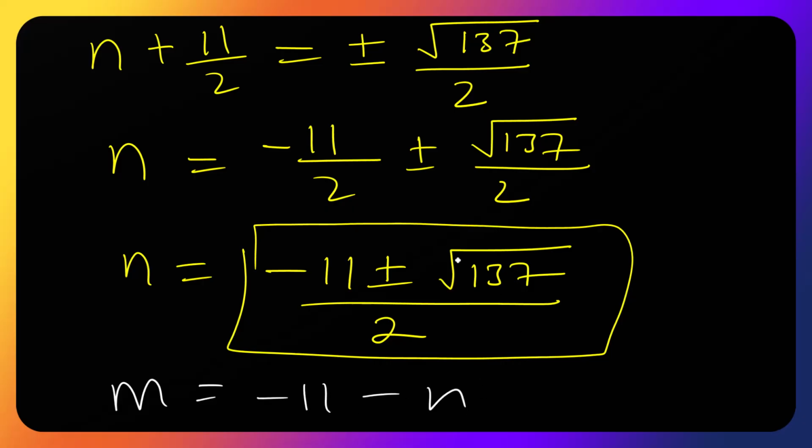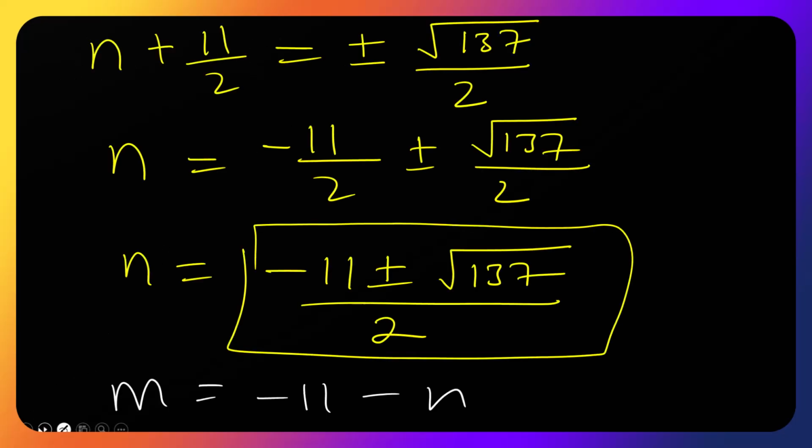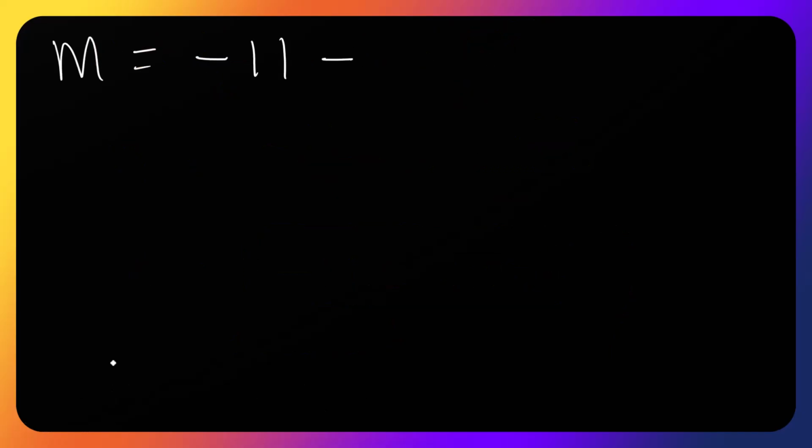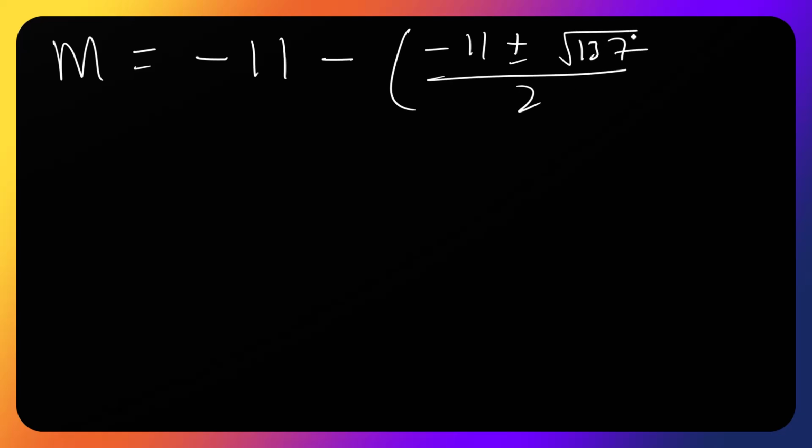So let's plug in this. So we have m as minus 11 minus n, where n is minus 11 plus or minus square root of 137 on 2. So we have two solutions here.